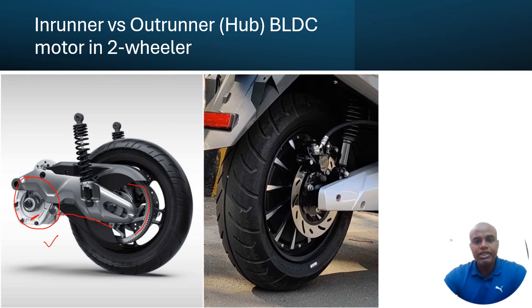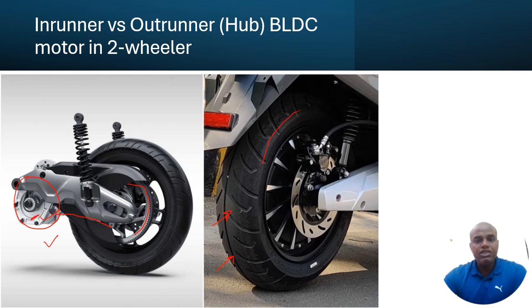Whereas this picture shows the outrunner motor implemented for a two-wheeler application. The outrunner motor is also known as the hub motor, which gets directly connected to the wheel, so it does not require any gear system or chain system.